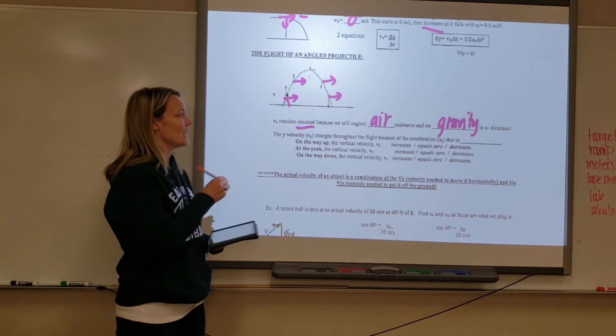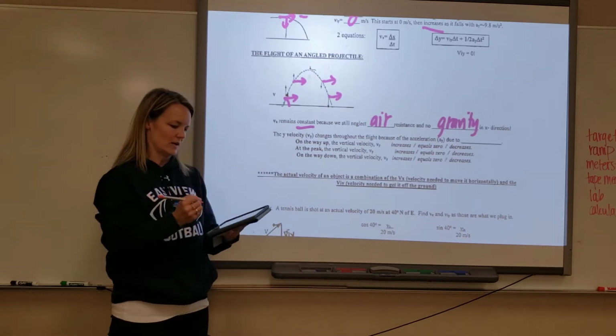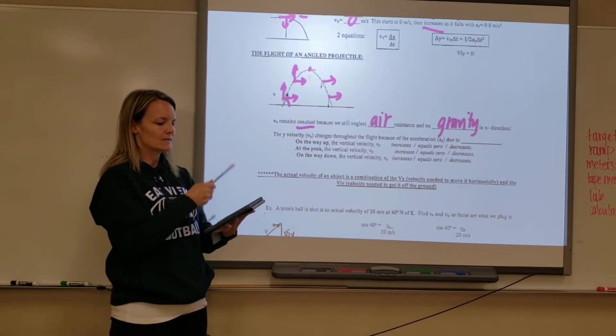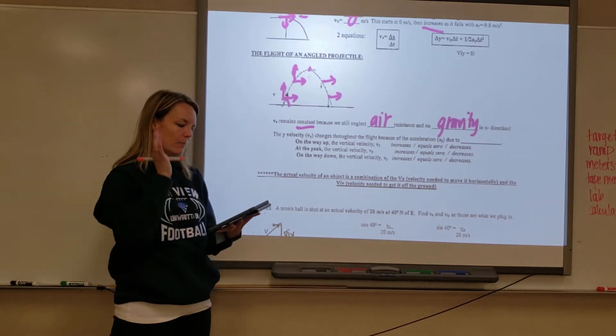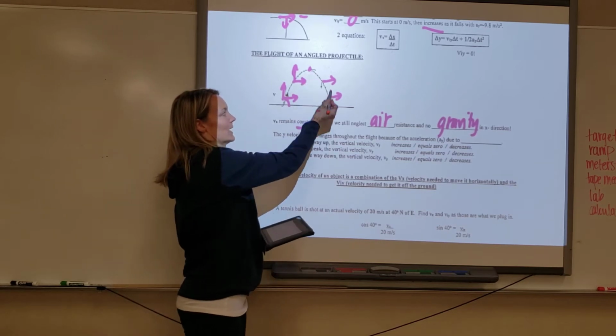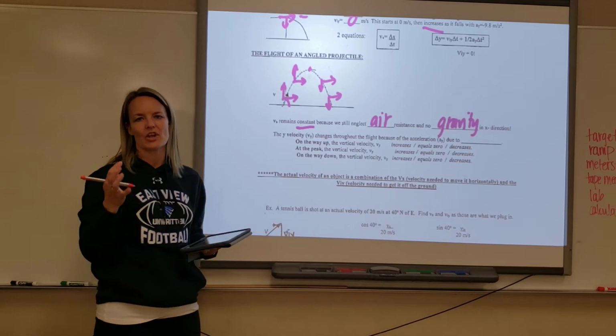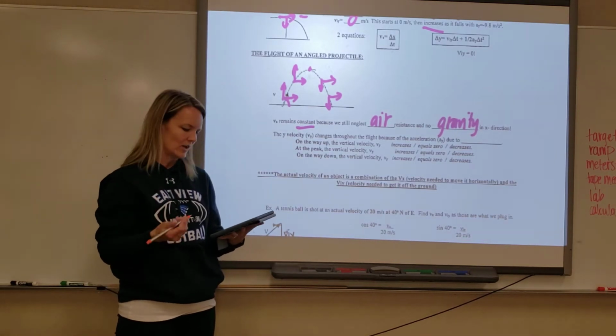Right? But that velocity in the y direction, that Vy, the push upwards, sometimes you are moving upward, sometimes you're at your peak, and sometimes it's falling downward, which means there's going to be a shift in the velocity in the y direction due to gravity.